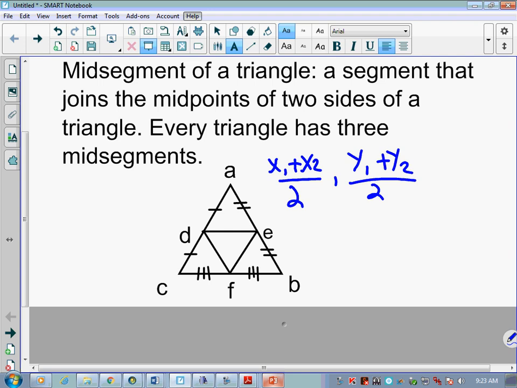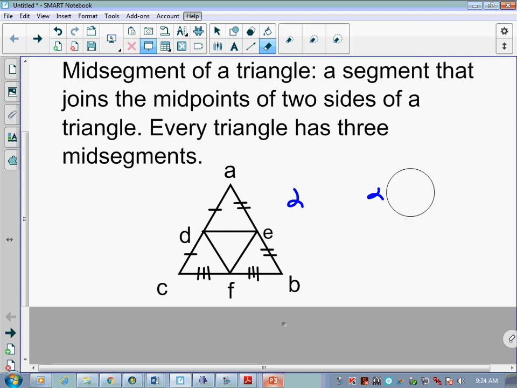So if they gave me coordinates of A and coordinates of C, I could find D. If they gave me coordinates of B and A, I could find E, I could find F, and I could make those midpoints, and then I could find the midsegment triangle. Is that correct? Hopefully.